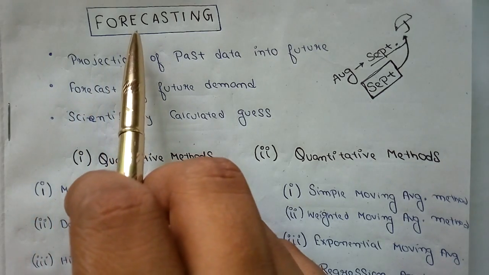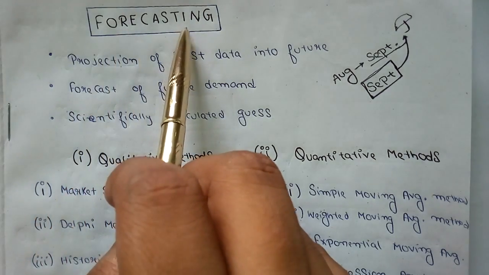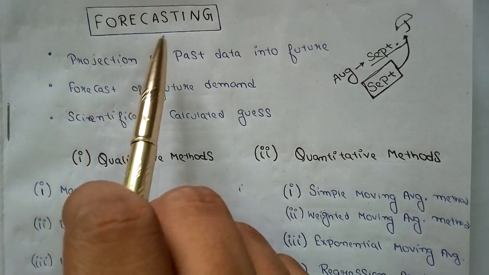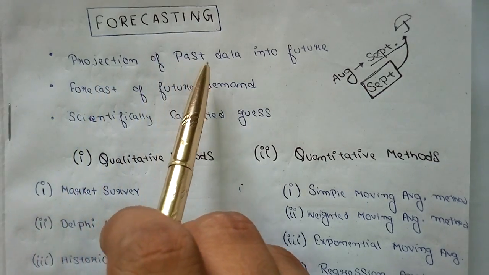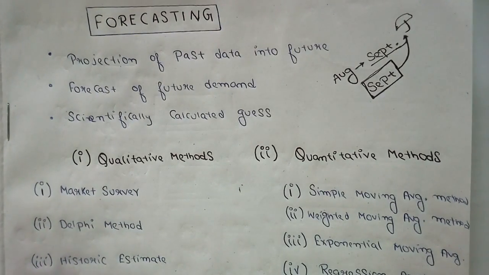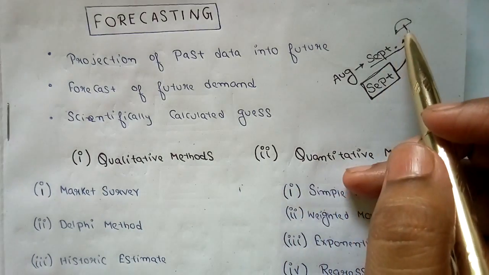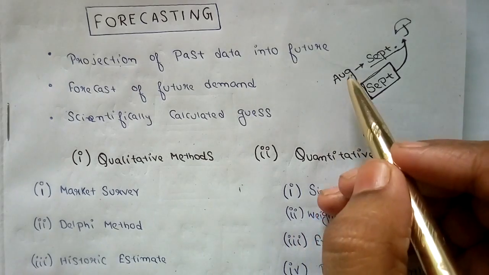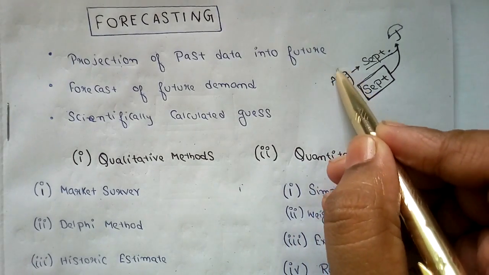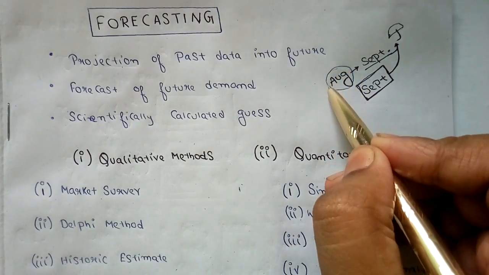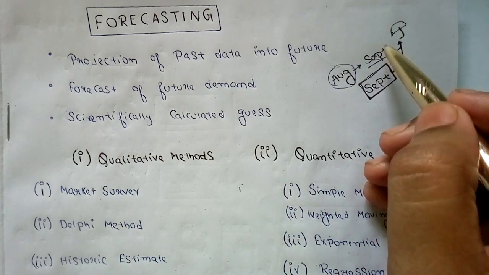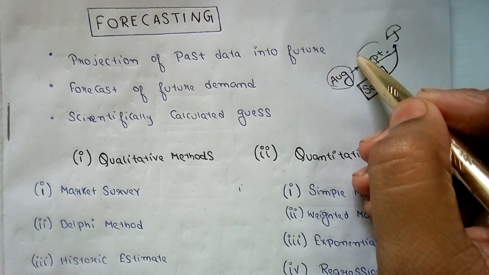So first of all, if we look at the definition of forecasting, we can simply say that it is the projection of past data into the future. That means, for example, I have a company, I manufacture umbrellas, right? Suppose this is the month of August and I want to know how many umbrellas I need to produce in the month of September.